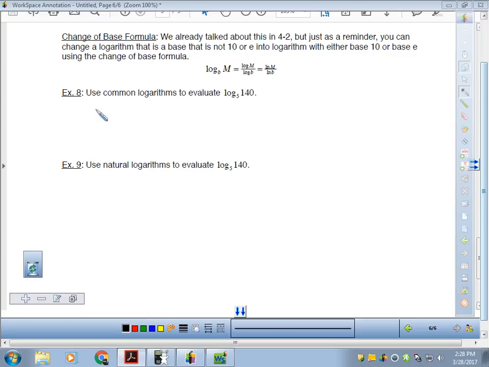So in example 8, it asks us to use common logs to evaluate log base 5 of 140. So I can say log base 5 of 140 equals log of my number inside here, 140, over log of my base number, 5. And then I go to my calculator.